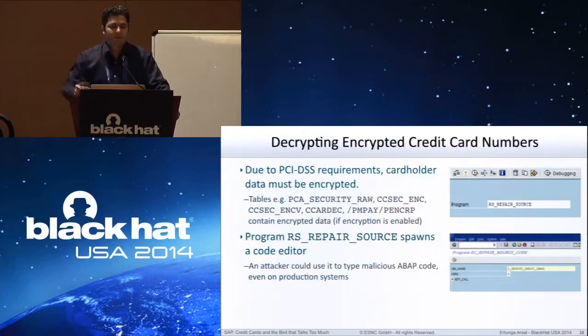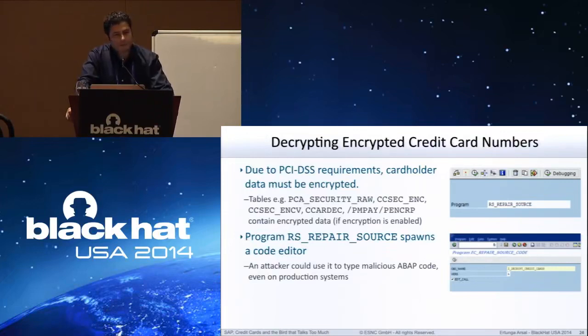So how about the data which is not in clear text, so the encrypted data? PCI DSS says we need to encrypt the data, right? There are certain tables in SAP where this encrypted information is stored.